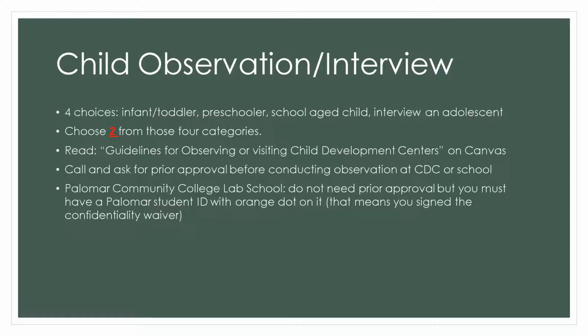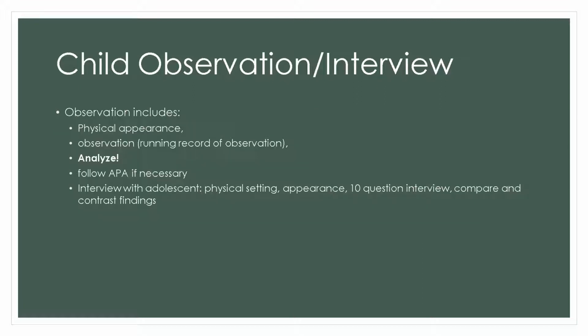Our observation is going to include a lot of different things, and that will be on our second page. What the child observation interview actually includes is the following. Once again, you're choosing 2 out of the 4, so you don't have to do all 4, because the written instructions I have on Canvas in the course requirements module have 4. They've got the child observation interview assignment, that's the very first page, which gives you more information.